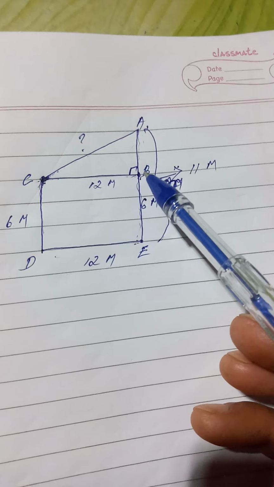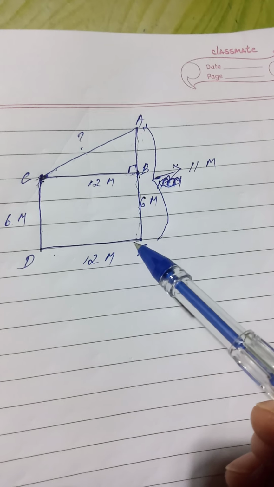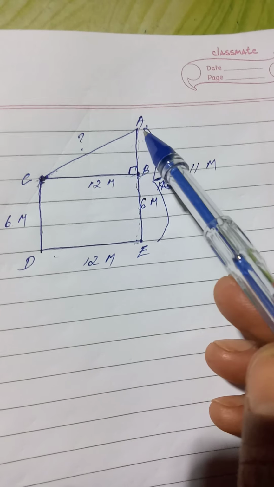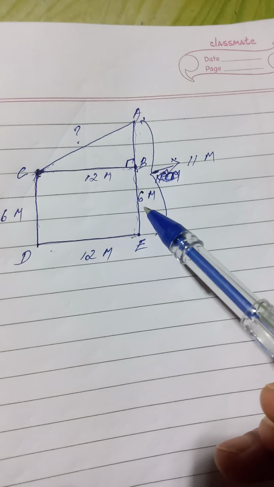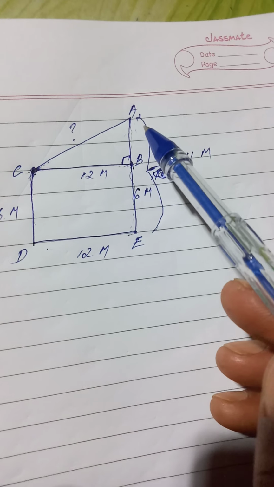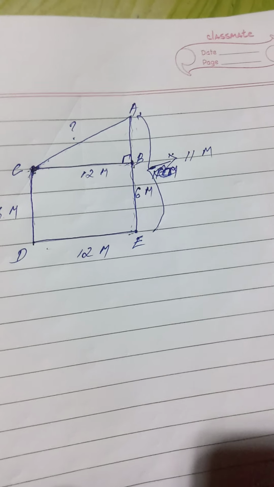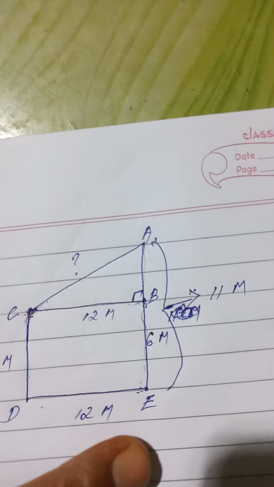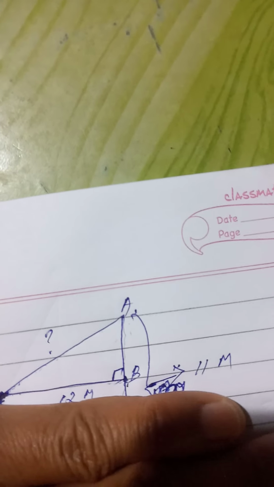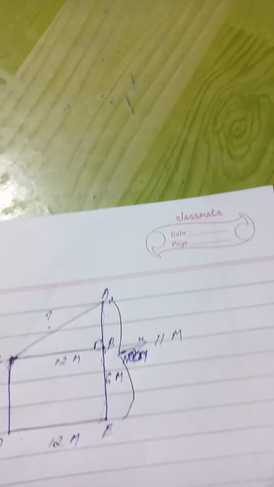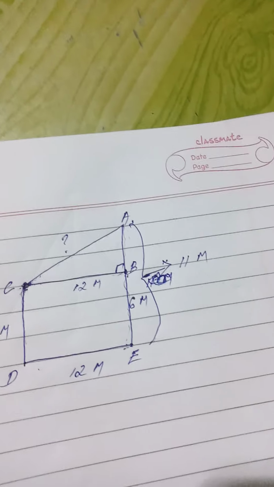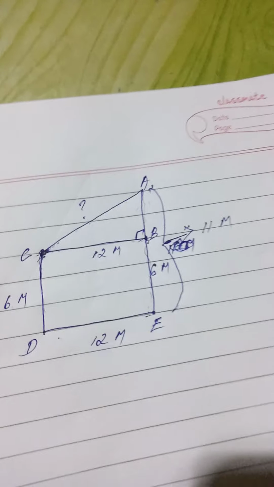AB means from the full length we subtract BE, it will become AB. AB means AE minus BE.